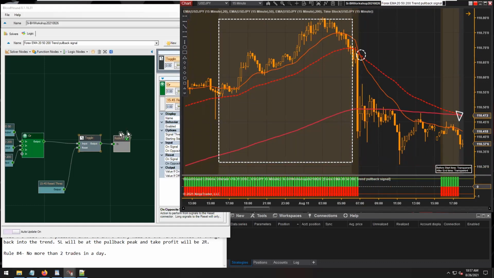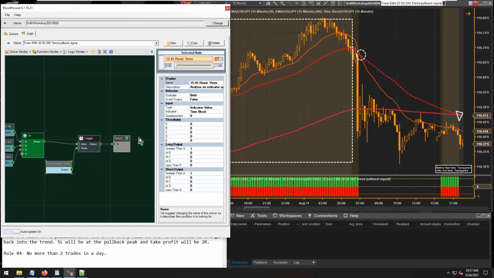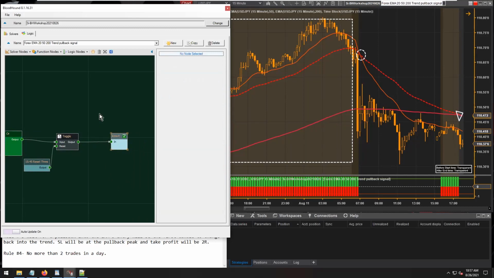So we can't rely on the toggle node to stay on after a pullback signal occurs. So we'll have to adjust this toggle node and extend it forward. We now will need to get into a signal extender.